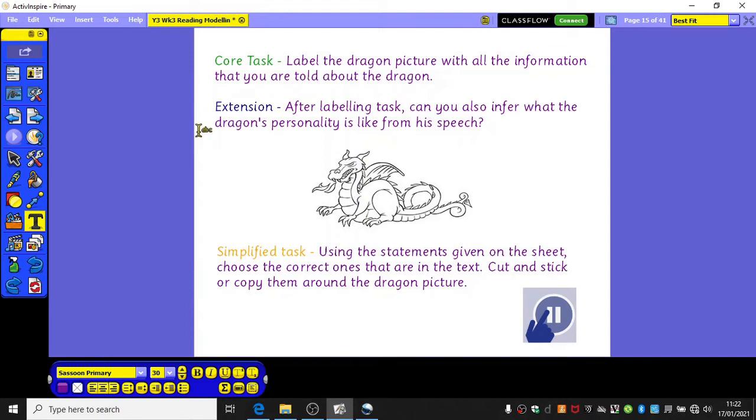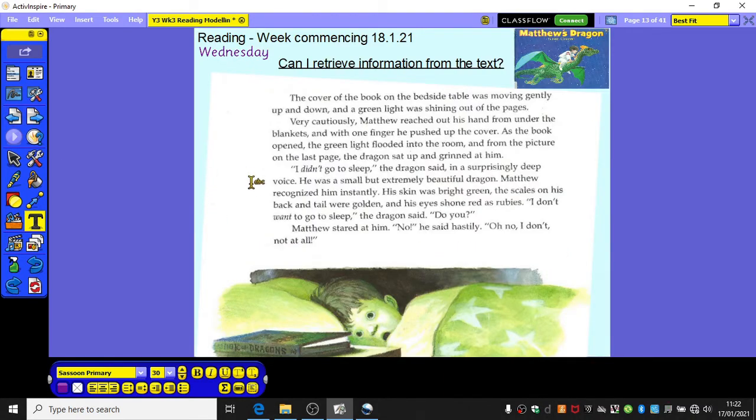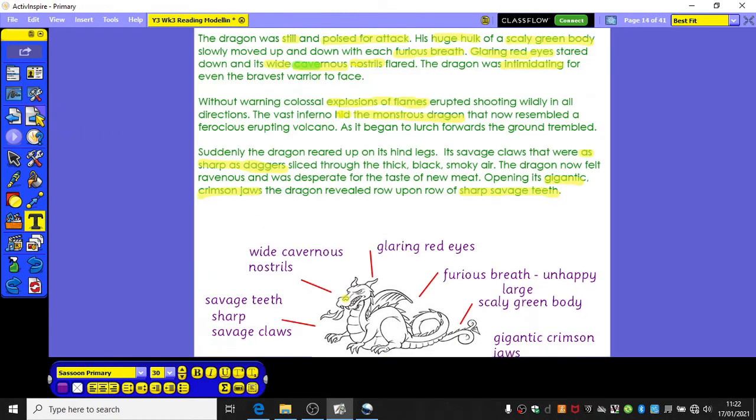The extension task, after you've labelled the dragon, can you also infer what the dragon's personality is like from his speech? So the words the dragon says in this text here, can you infer from the words he uses and the way he says them what personality the dragon has, as well as what he looks like?